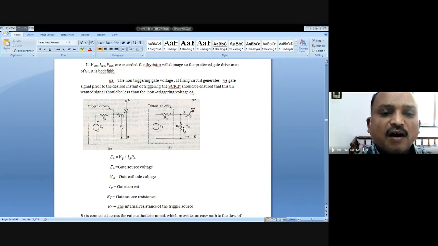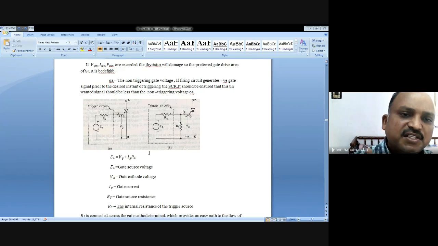So R, or RL, or RC, any of these three combinations, comes under firing of the SCR, we call it.